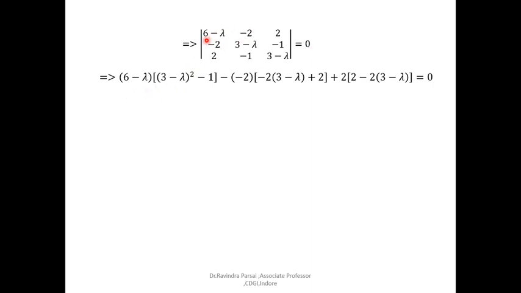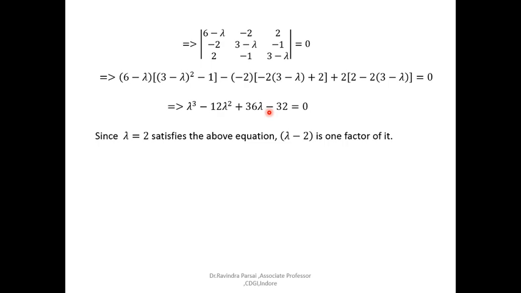When you solve this determinant you expand it along the first row, and this gives you a cubic equation: lambda cube minus 12 lambda square plus 36 lambda minus 32 equal to 0. We have seen in the previous examples how to find the roots of this equation.